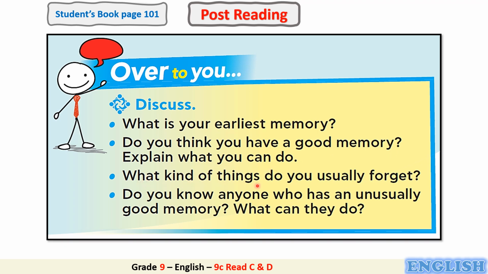What kind of things do you usually forget? Do you know anyone who has an unusually good memory? What can they do? Now, pause the video, think, then answer these questions.